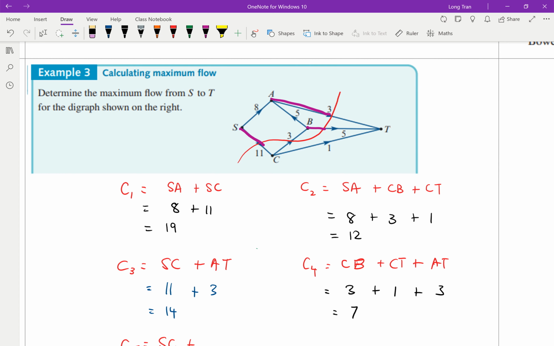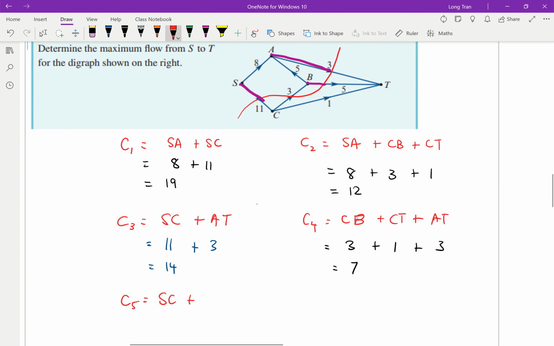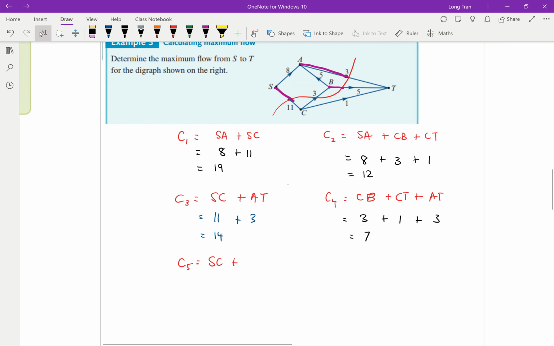So that's why I can only include B to T. Okay, so in all of that, I can still do B to T and I can do A to T. And that gives me a total capacity of 11 plus 5, B to T, plus A to T, which is 3. That's 16, 19 there.